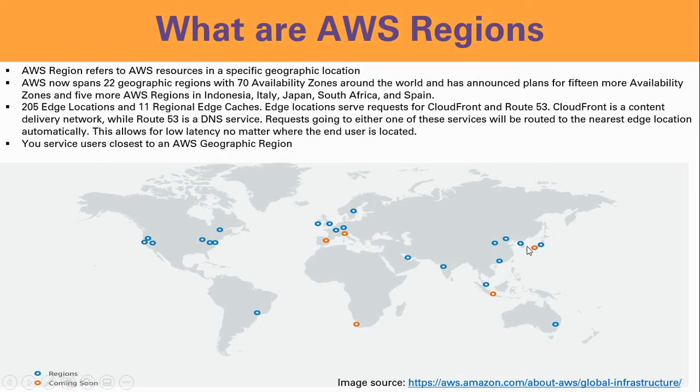So this ensures that the user in Japan would be able to access the static content through the edge location, and this ensures low latency no matter where the end user is located. So as discussed above, you service users which are closest to the AWS geographic region.